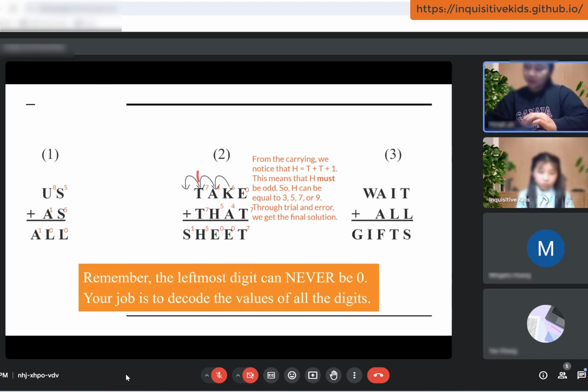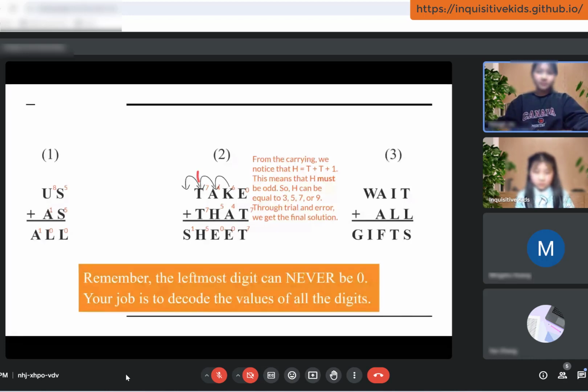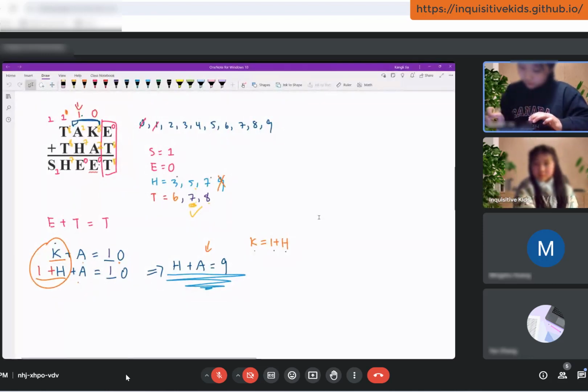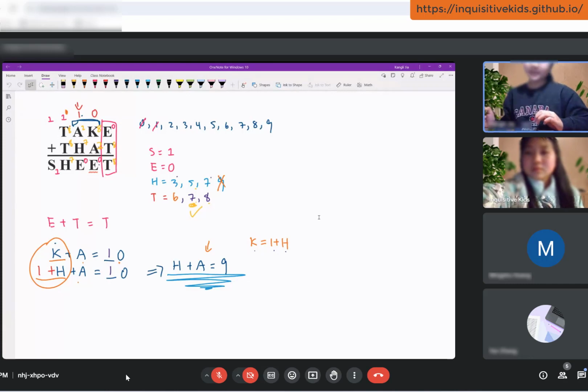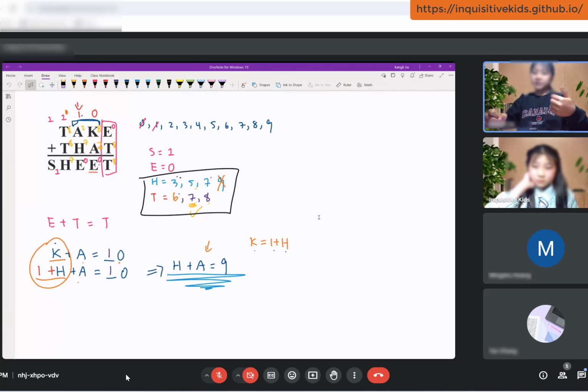So then we can write out the values of h and t on top of each other. So if we look here, we can see that what we did was we wrote the possible values of h and t on top of each other. If h equals 3, t equals 6. If h equals 5, t equals 7.